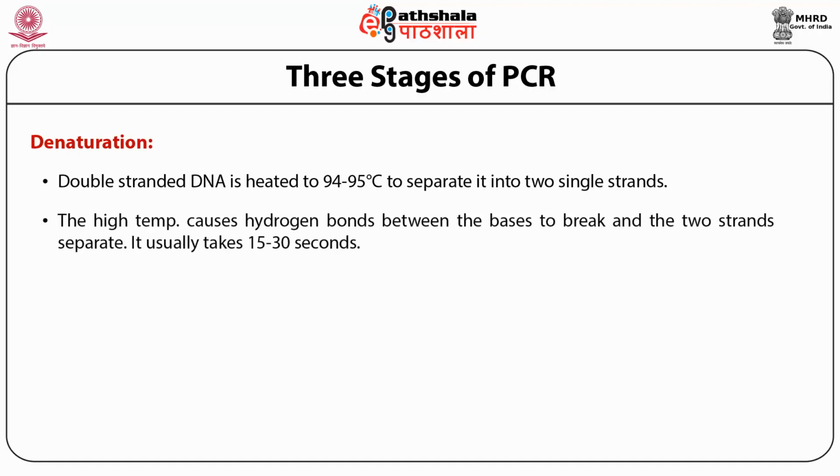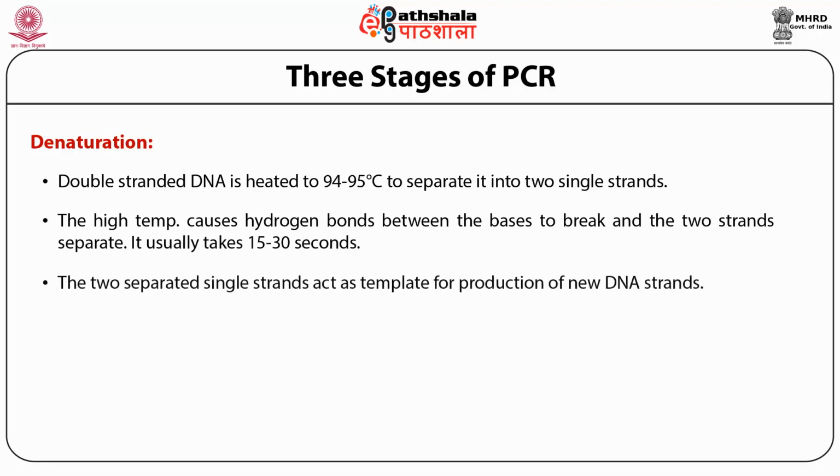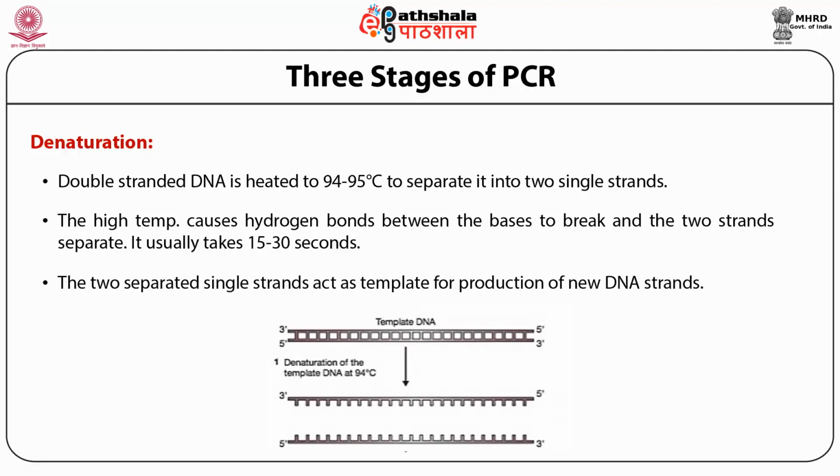The high temperature causes hydrogen bonds between the bases to break and the two strands separate. It usually takes about 15 to 30 seconds. The two separated single strands act as templates for production of new DNA strands, as shown in the figure at the bottom. A double-stranded DNA is denatured into two single-stranded DNA.